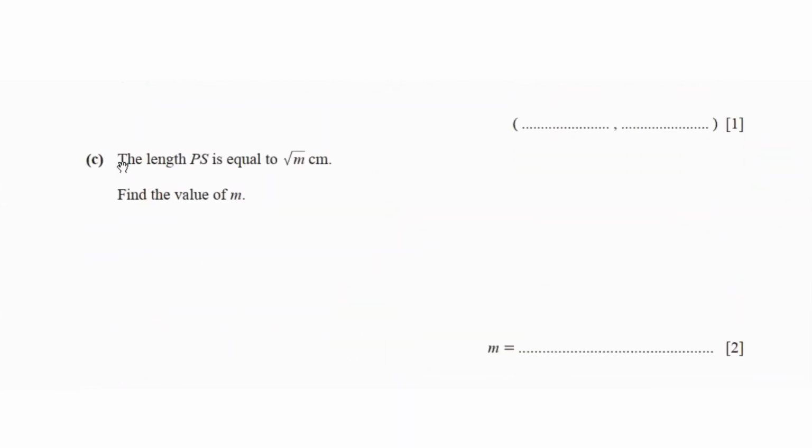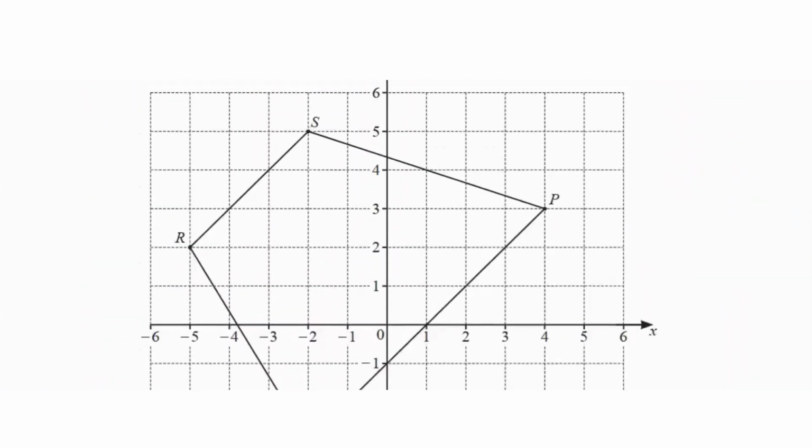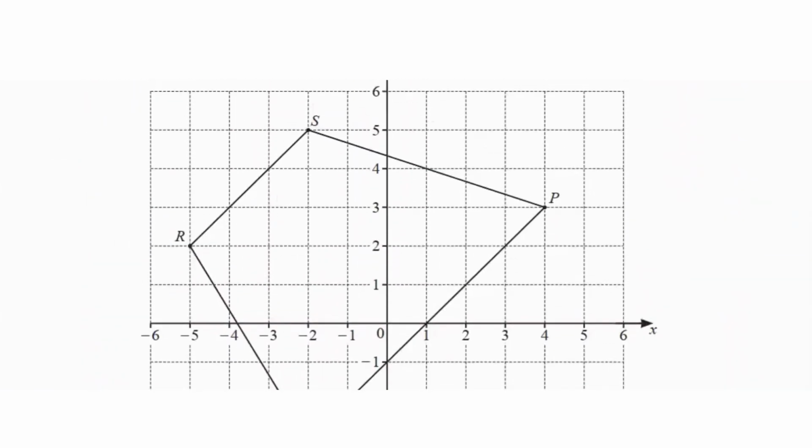Part C says the length PS is equal to square root of m centimeters. Find the value of m. So for the distance of PS, let's write the coordinates first. S is negative 2, 5 and P is 4, 3.